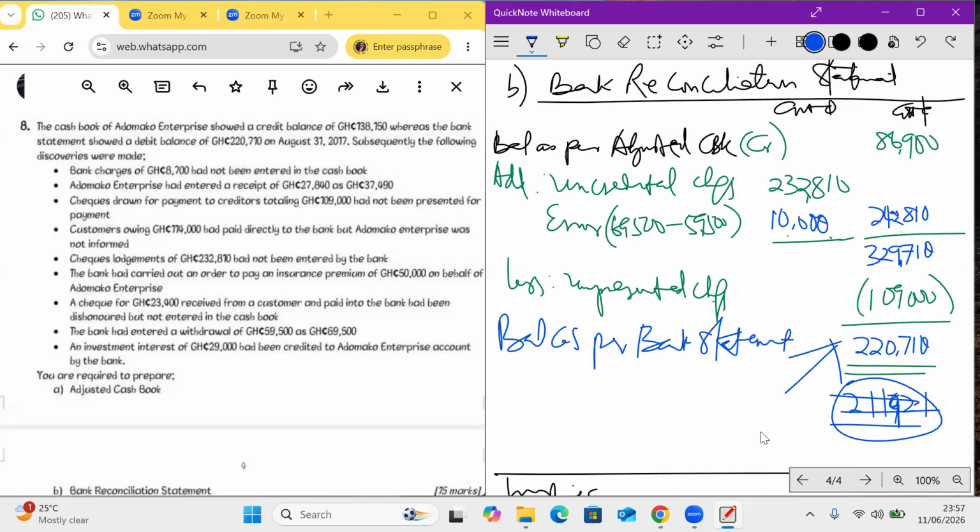Although like the first one where we used 1,000, we got 211,721 or so, you should write this bank balance, which is in the question. Don't write your wrong figure there.